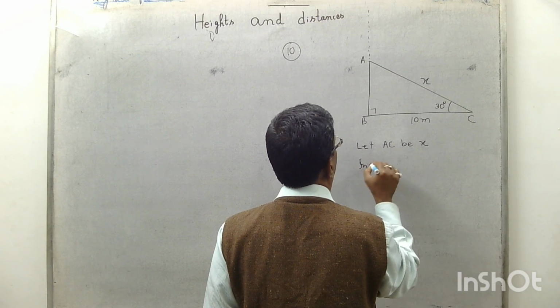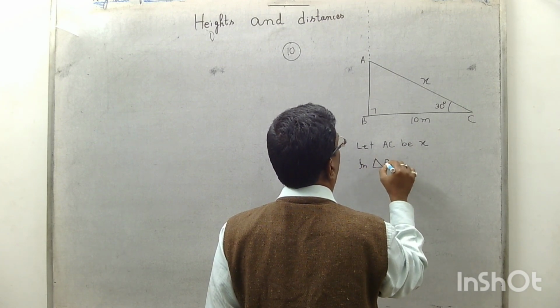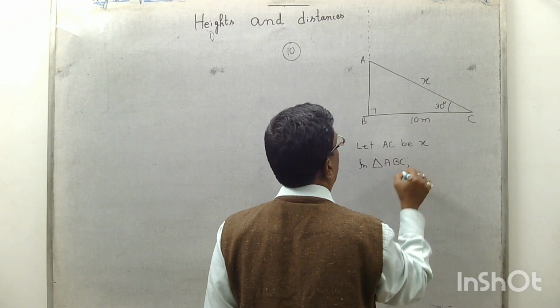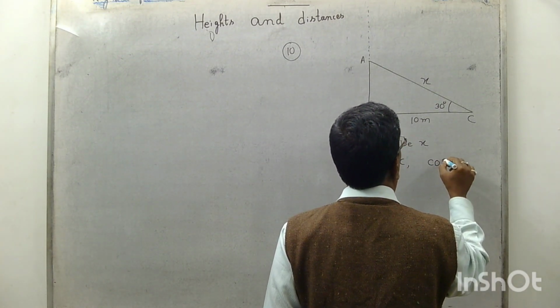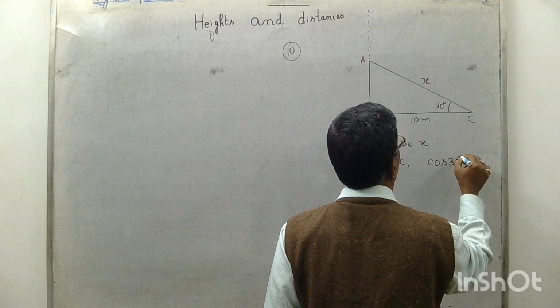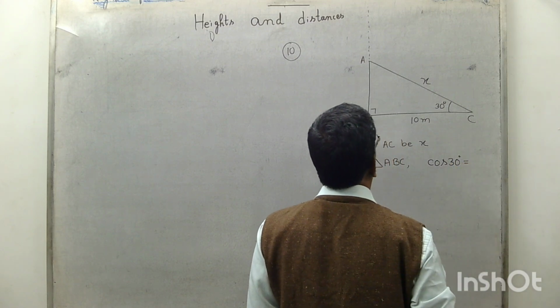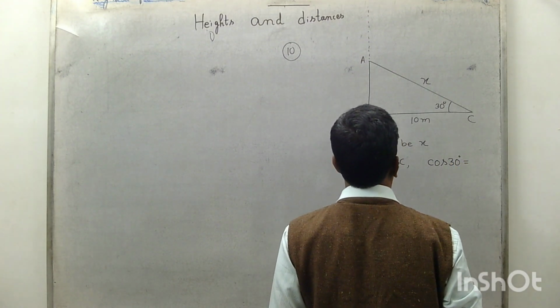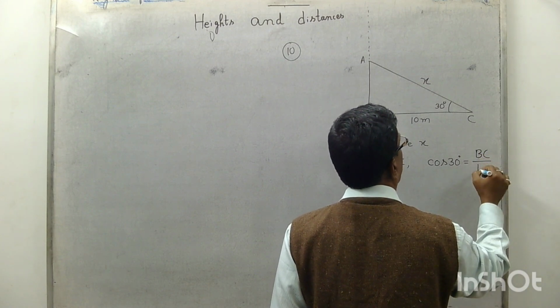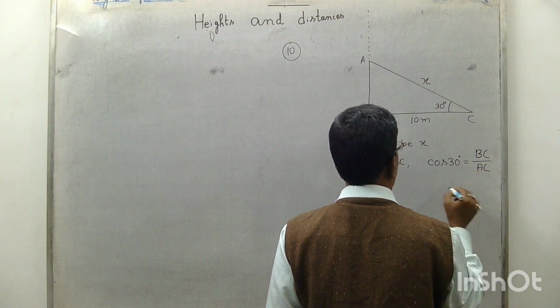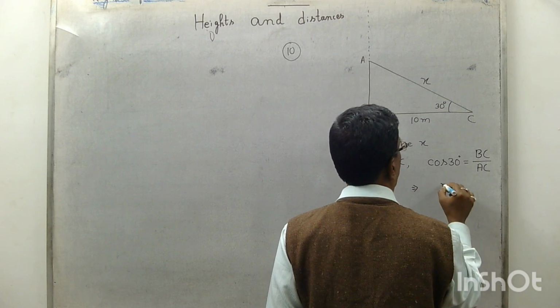In right angle triangle ABC, cos 30 equals to base by hypotenuse. That means BC by AC. Cos 30 means root 3 by 2.